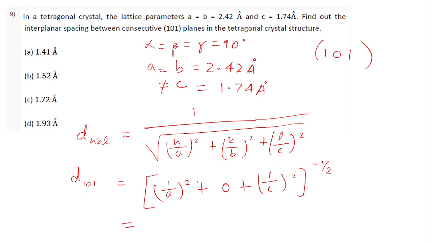A is given, C is given. When we put the value, it will be 1 over 2.42 angstrom square, and this will be 1 over 1.74 angstrom square. So the answer we'll get is 1 over 2.42 square plus 0 plus 1 by 1.74 angstrom square and whole raised to minus 1 by 2.